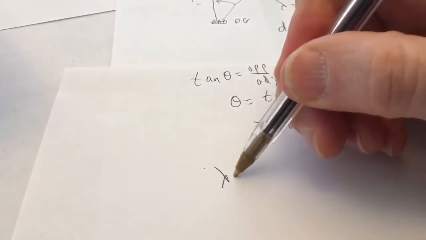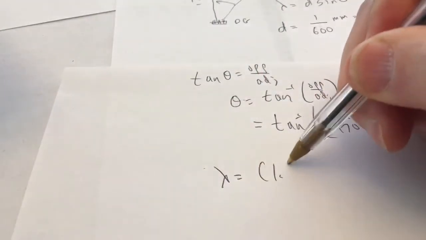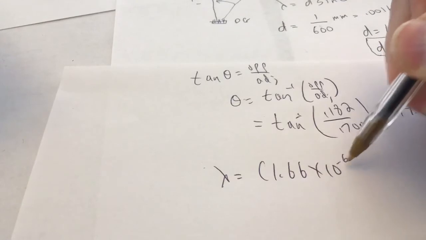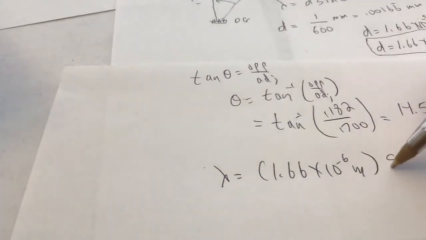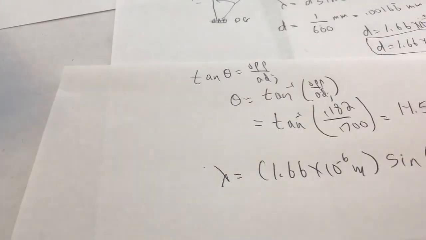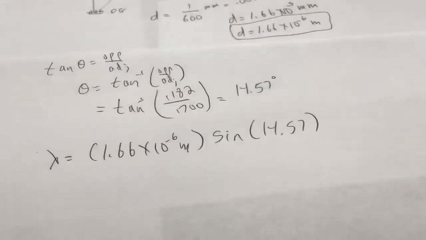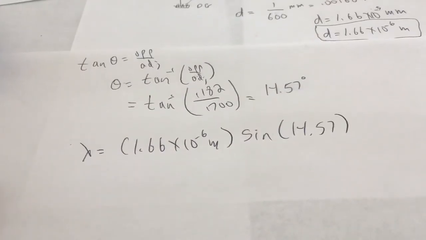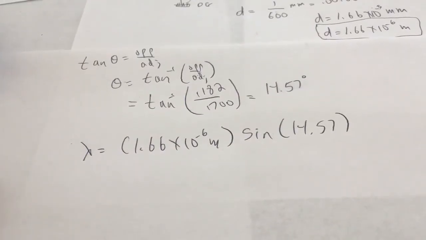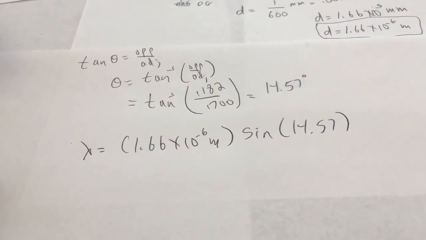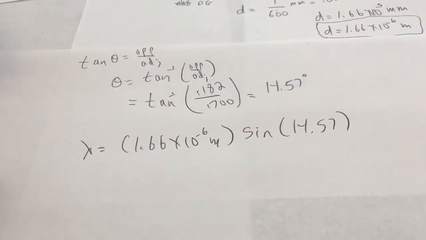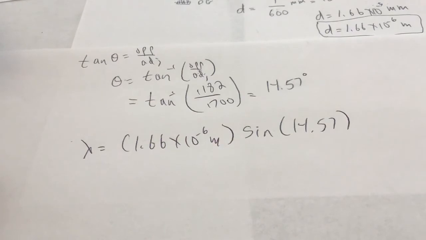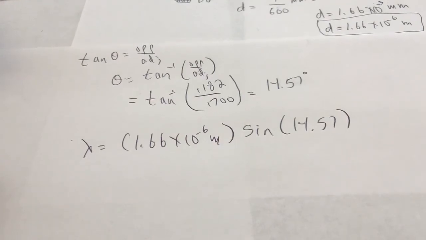I take lambda is D, 1.66 times 10 to the minus 6 meters, times sine of 14.57. Calculate that out. The sine of 14.57, I got 0.2516, and so on. Then you multiply it by 1.66 times 10 to the minus 6.